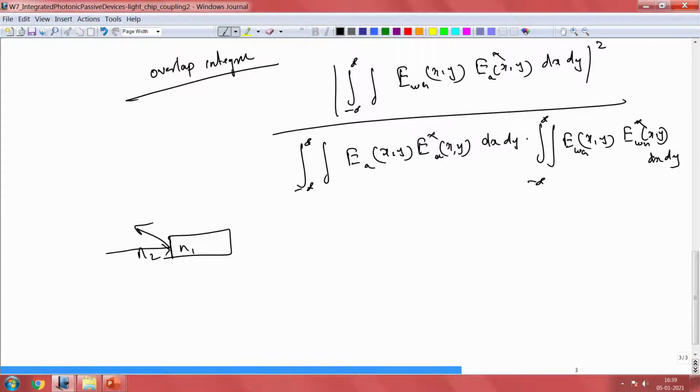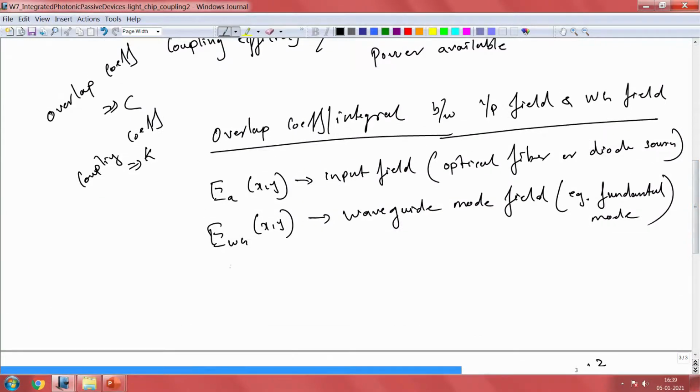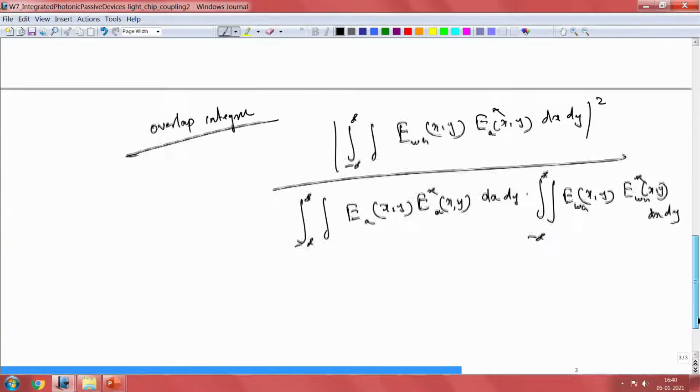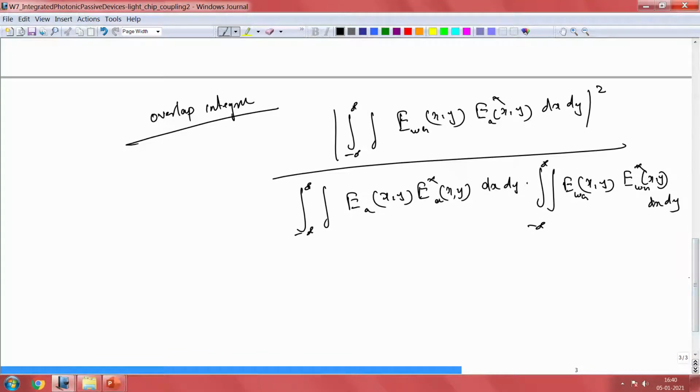For that we can look at the two sources here. That is the source E_A and source E_WG. These are the two modes that we have. We can characterize this by using a very simple propagation constant.